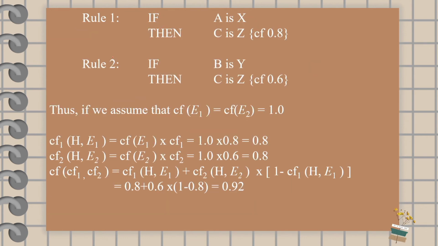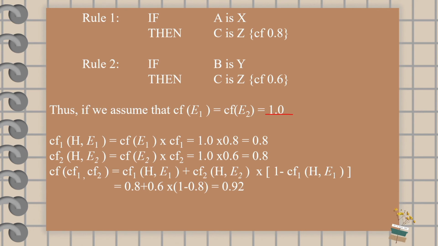Okay, here is the example on how to merge or combine the certainty factor. This rule is from the previous slide. So we're going to solve this. Rule 1: if A is X, then C is Z, CF is 0.8. Rule 2: if B is Y, then C is Z, CF is 0.6. Here we assume that the value of the certainty factor of evidence 1 and evidence 2 is 1.0.